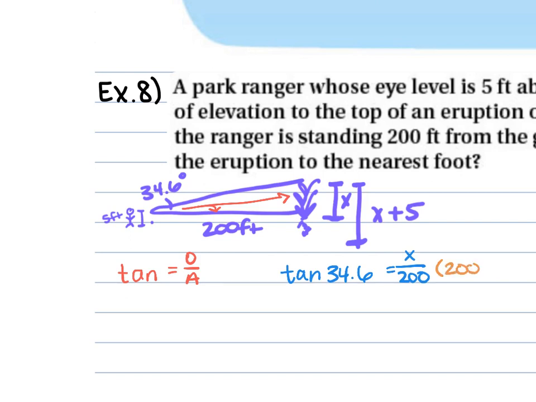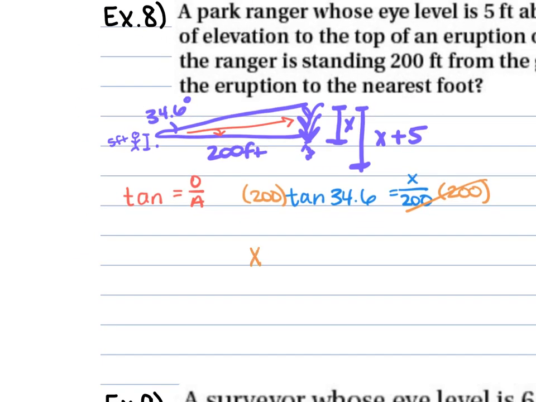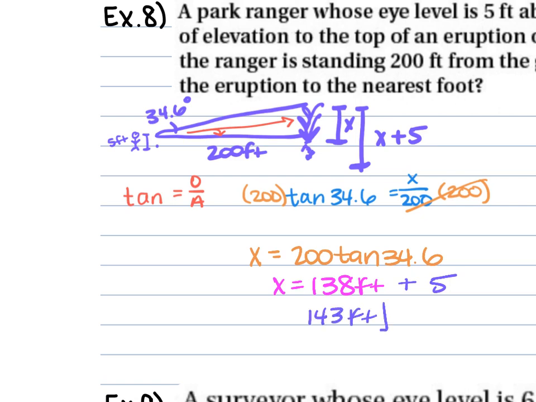We're going to multiply each side by the 200 to get x by itself, and use our calculator to get 200 times tangent 34.6. When we plug this into our calculator and we round, we are going to get that x is equal to 138 feet. So if we add that to the 5, this is going to leave us with 143 feet for the eruption.